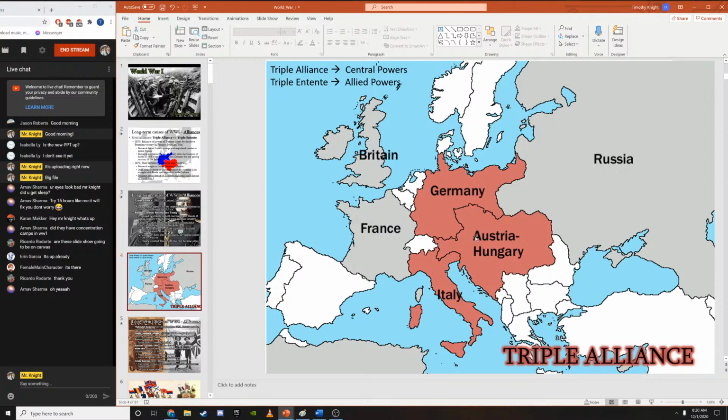And so they ally with each other as a reaction against the fear that these guys are starting to kind of instill in the rest of Europe at this time.